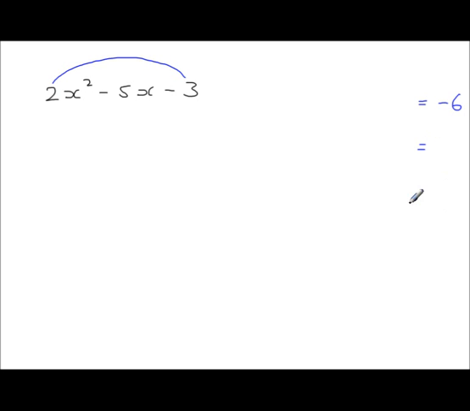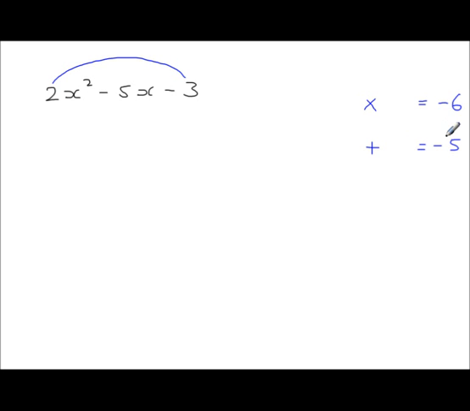And then take the coefficient of x, which is minus 5, and write that underneath like this. Now I'm looking for two numbers that will multiply to give me minus 6, and I'm looking for two numbers, the same two numbers that you write here, that will add to give minus 5.